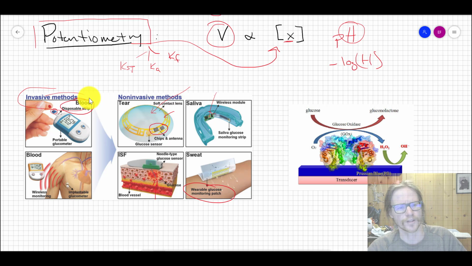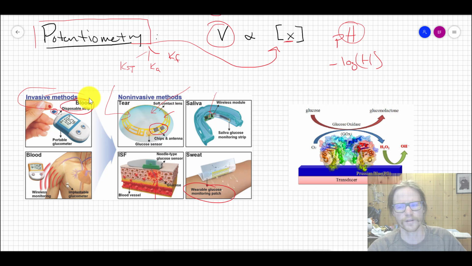This is actually part of my research too, not the contact lens, but developing rapid in vivo sensors for the separation of catecholamines directly from cerebrospinal fluid and measuring those things amperometrically.